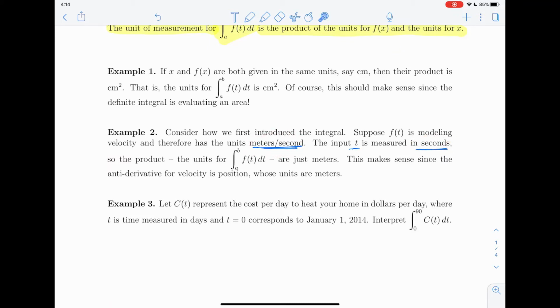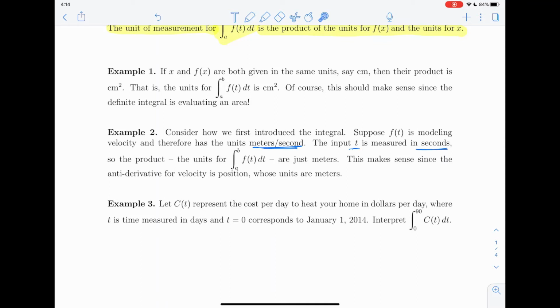The seconds cancel, and therefore this integral is returning just meters, as opposed to some sort of an area, like in the previous example. If in fact our function itself was modeling a rate, then the units of the area under the curve turns out to just be whatever the object is that the function was taking the rate of, in this case meters.